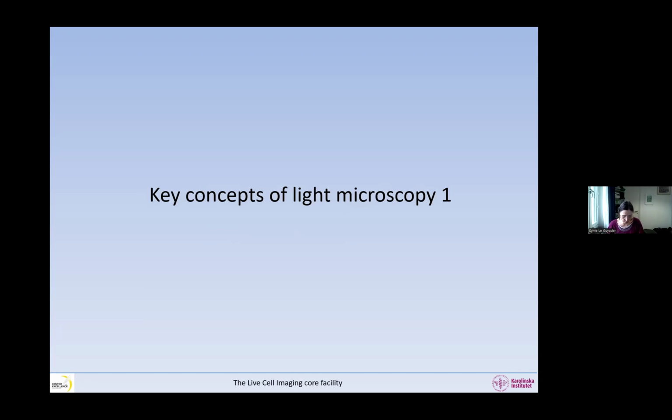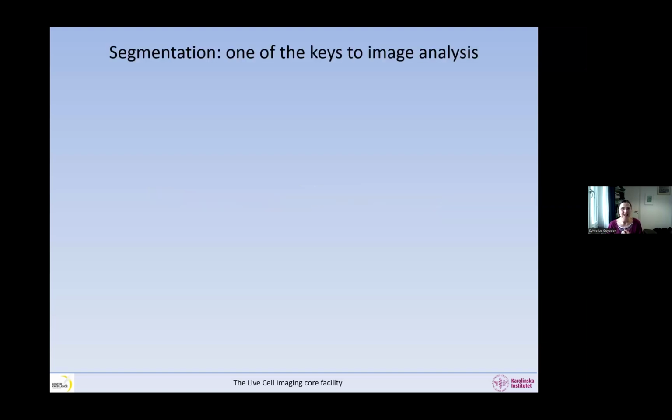And so I hope that throughout the course it will make sense. So the first thing is that we start by image analysis. And so segmentation is one of the keys of image analysis. With AI especially, it's not the only key, there are other keys, but it is a very important step in image analysis.